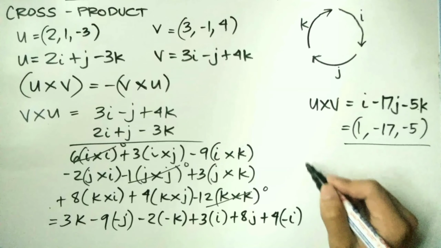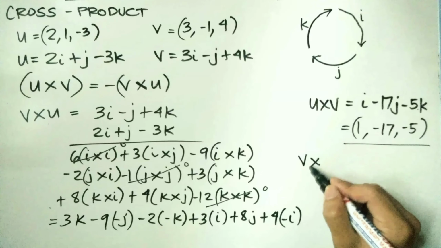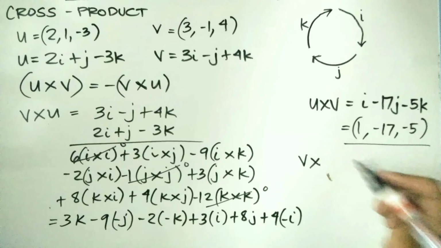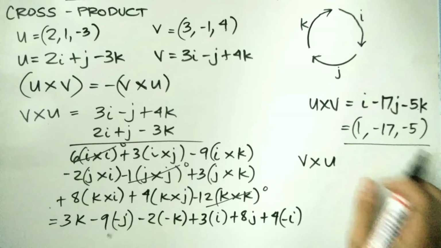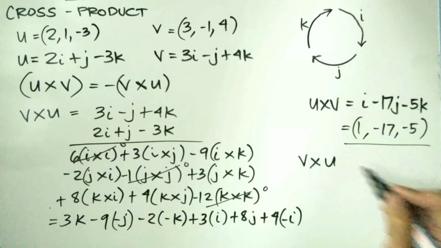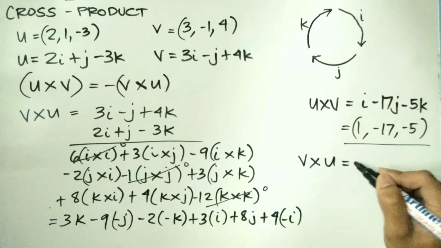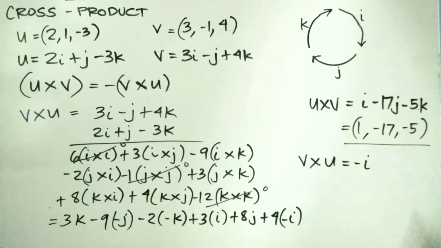So, combining the terms, we have u cross v or v cross u is equal to 3 minus 4 is negative i.